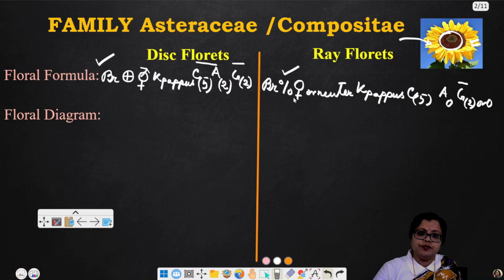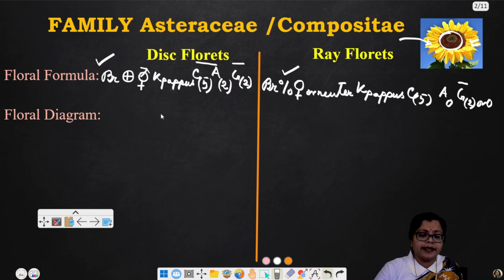So in some books you may find two floral formulae for the ray florets, and in some books the ray florets, pistillate or neuter, are written together. Okay. Now the floral diagram.